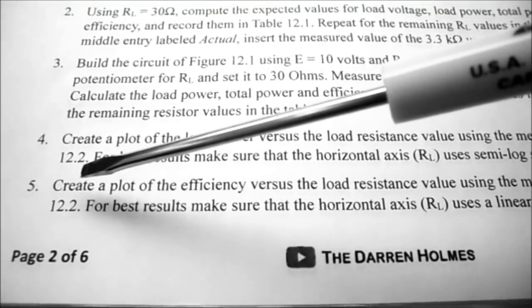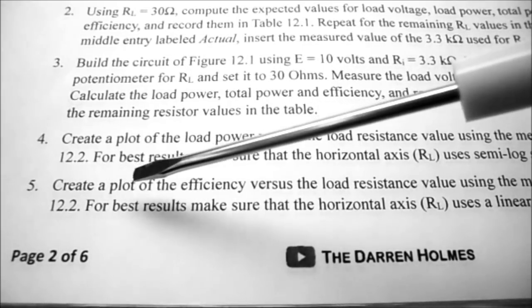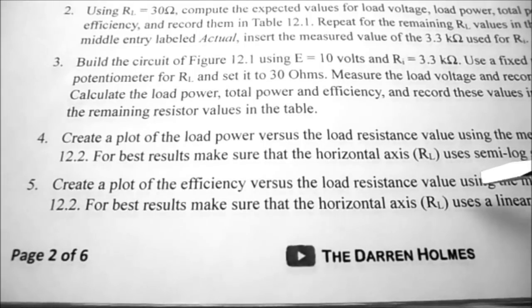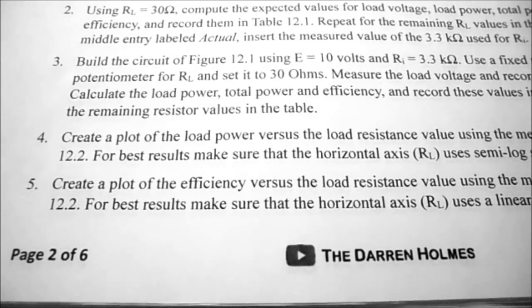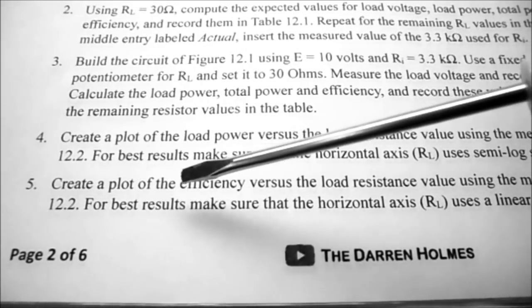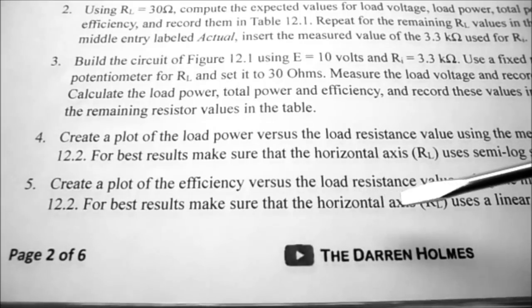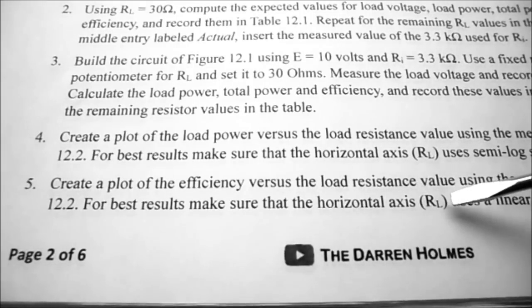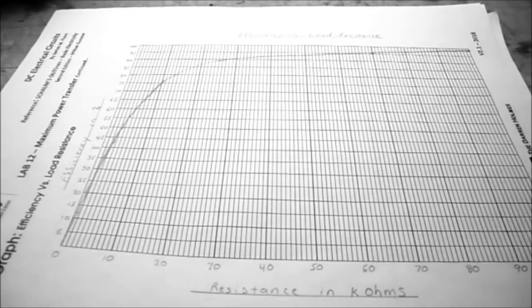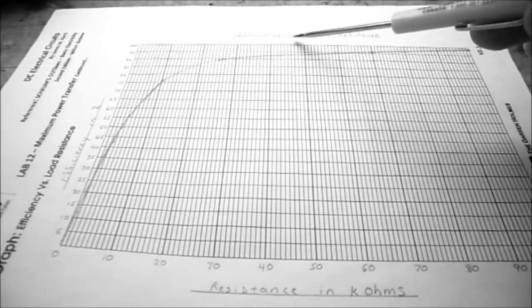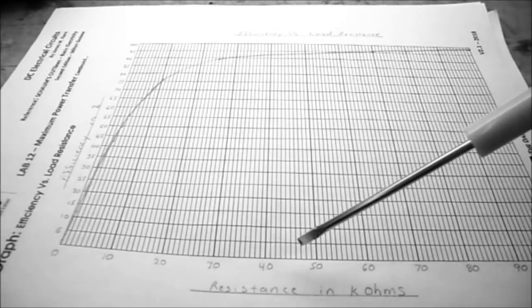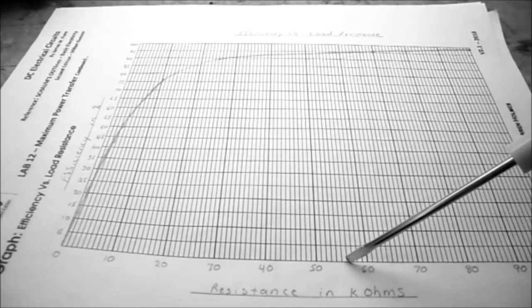Under Procedure, step number 5, we're to create a plot of the efficiency versus the load resistance value using the measured data from Table 12.2. It says for best results, make sure that the horizontal axis for RL uses a linear scale. This is my graph of efficiency versus load resistance. And you can see the horizontal axis is a linear scale.